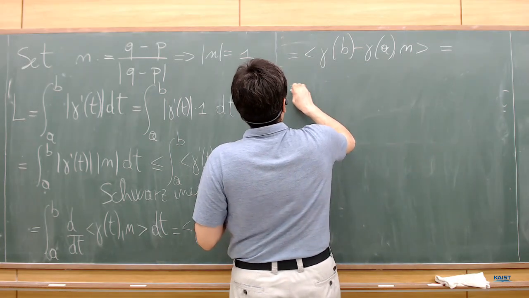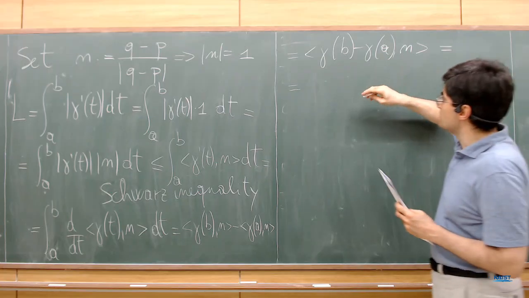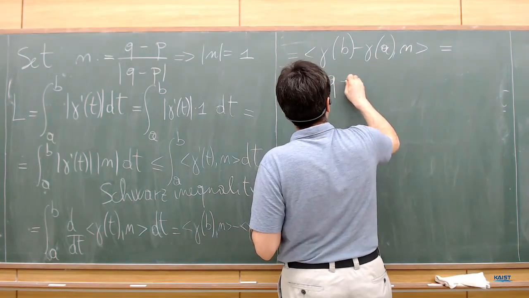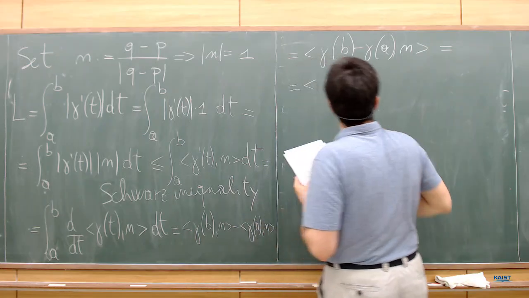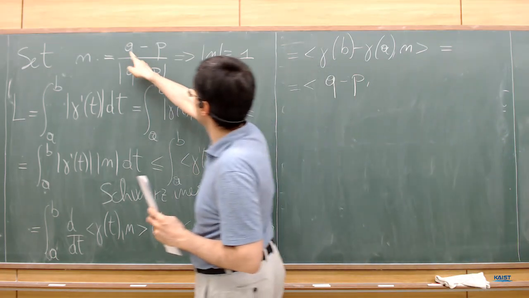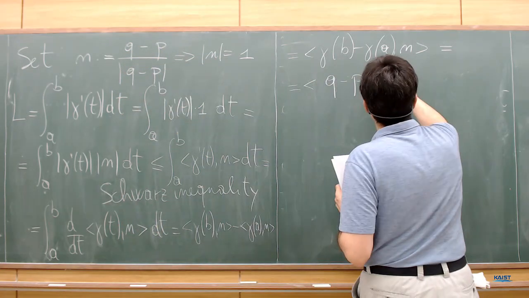And now we use the fact that gamma of b is q and gamma of a is p. And we replace n by q minus p divided by the length of q minus p.